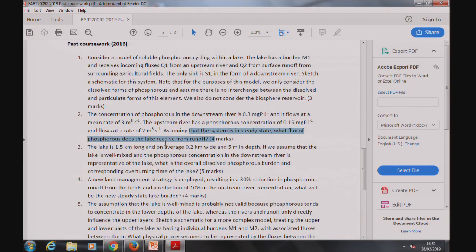Steady state means nothing's changing with time. So basically, Q1 plus Q2 equals S1. Sources equals sink. And so plug the numbers in, rearrange for Q2, and you find Q2 equals 0.6.